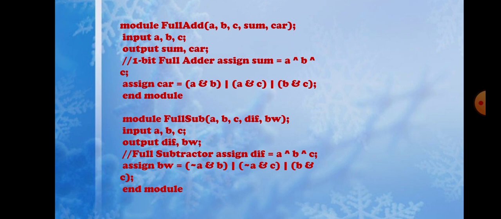Module full subtractor, A, B, C, difference, borrow. Input A, B, C, output difference, borrow. Full subtractor: assign difference equals A or B or C. Assign borrow equals not A and B or not A and C and B or B and C. End module.